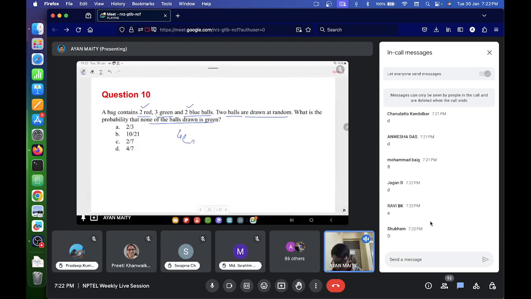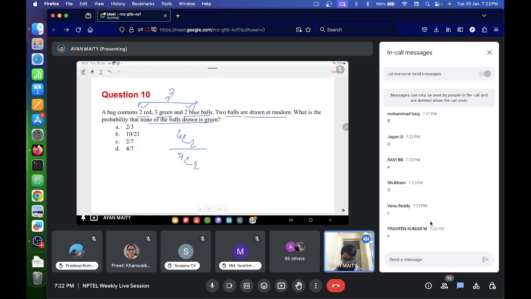So 4C2 is the number of ways you can draw two non-green balls. And what would be the sample size? There are 7 balls in total, and you want to draw 2 balls, so the sample size is 7C2.